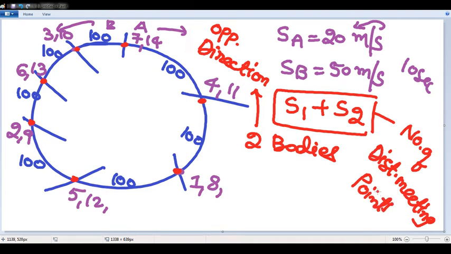If you don't understand this point, you might find it difficult with the two cases, same direction and opposite direction. Okay, Jadugar, actually meeting points will depend upon the one with the slower speed. No, right? It does not matter.